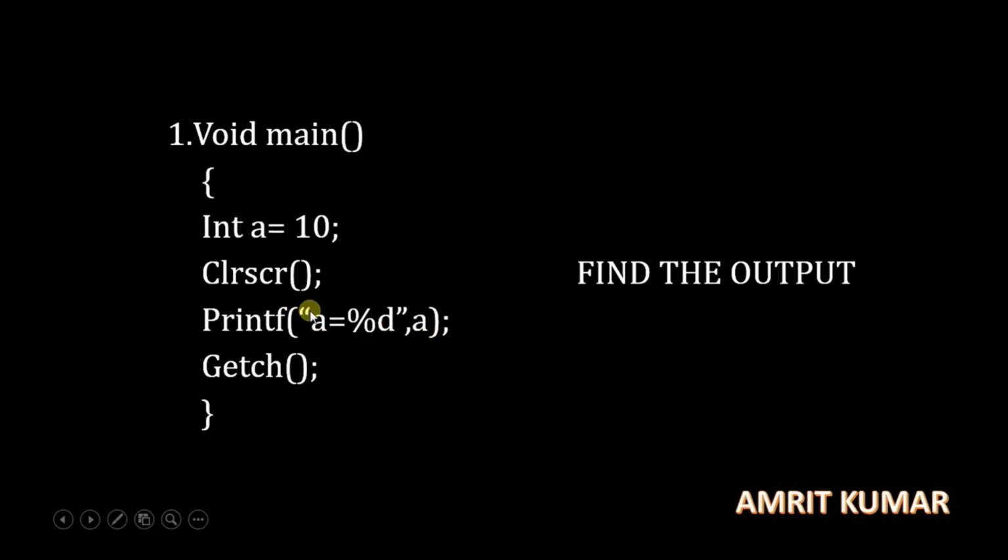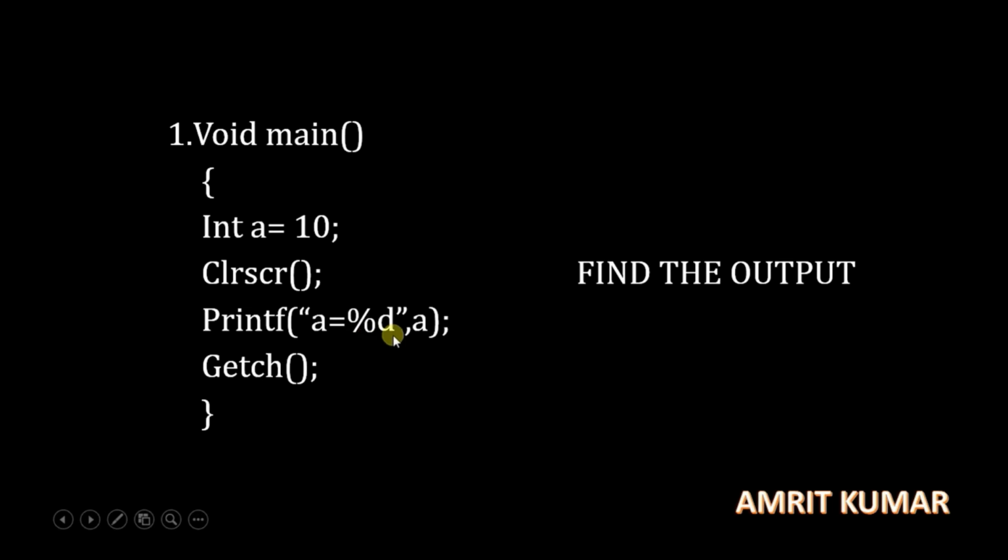In the double quotes we have a equal to percentage d. Percentage d is a format specifier, and a format specifier starts with the percentage sign like this. The value of a is going to be converted with this percentage d.